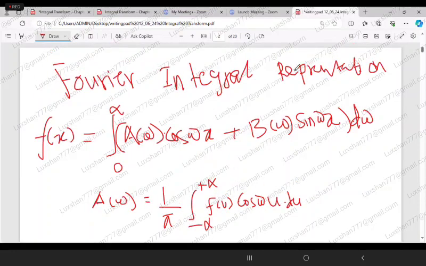So here the function is defined on the interval minus infinity to plus infinity.